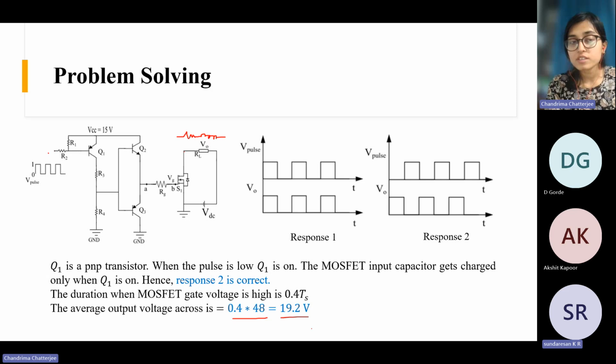When this V pulse is high, then this BJT is off, because this is a PNP BJT. So if this potential is high, the base current will not flow. For the base current to flow, this potential has to be low. That's why the duty is complementary to this pulse. When this pulse is high, the MOSFET is off. When the pulse is low, the MOSFET is on.